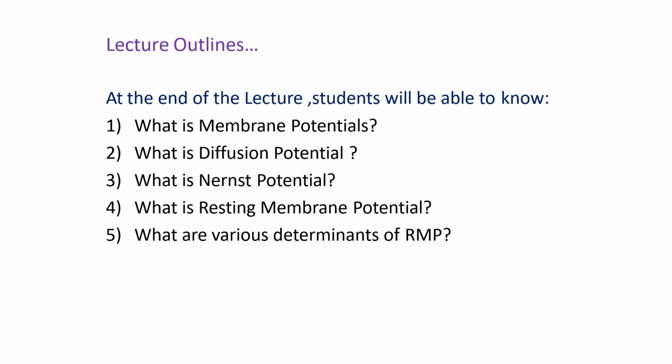Diffusion potential is a derivative, and the resting membrane potential is again nothing but the membrane potential of a cell at rest. Okay, so we will see all these concepts. Please pay attention. It is very important for understanding the further concepts in physiology.